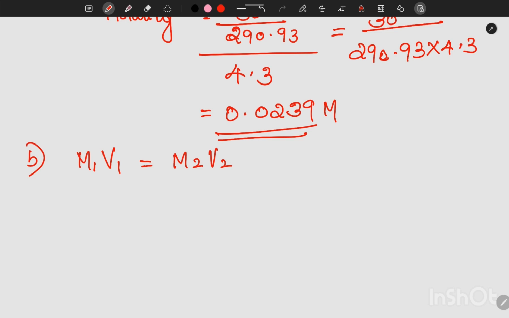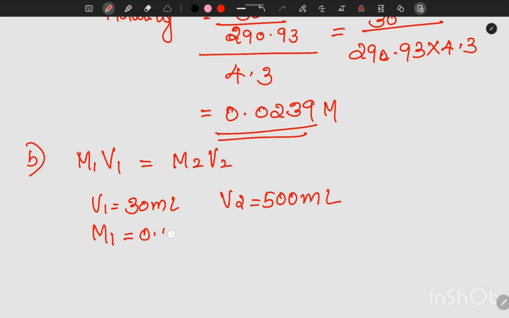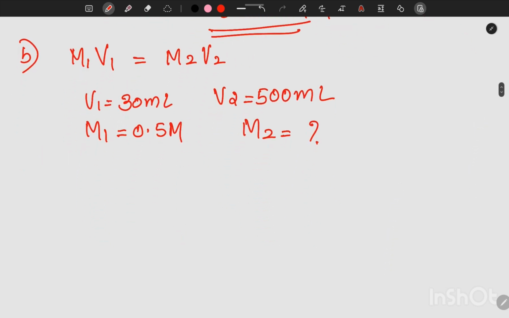Initially we know the volume V1 as 30 ml, and it is diluted to 500 ml. So V2 is equal to 500 ml and initial molarity M1 is equal to 0.5 molar. We don't know M2, so we can just equate M1V1 equal to M2V2.